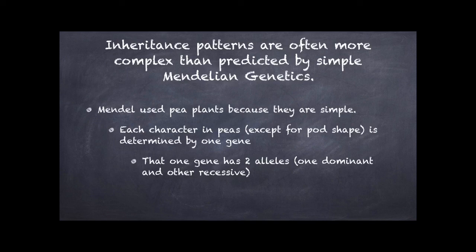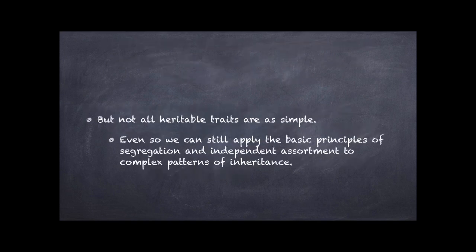Each character in the peas, like their color, their height, except for their pod shape, which is round or wrinkled, is determined by one gene. All right, so the color is determined by one gene, the height is determined by one gene, but that one gene has two alleles, right? So we talked about capital A, little a, because one is dominant and one is recessive.